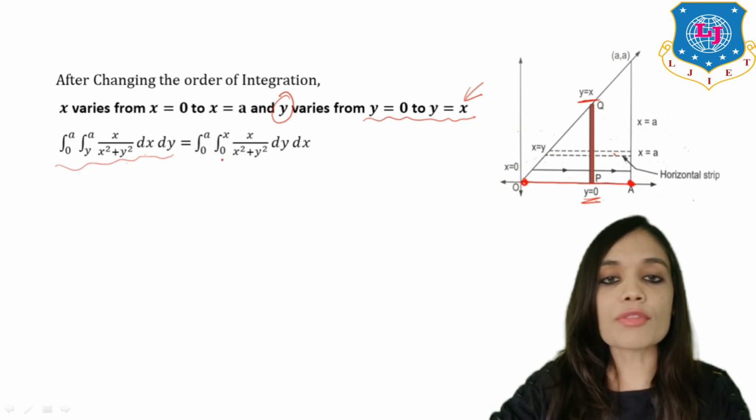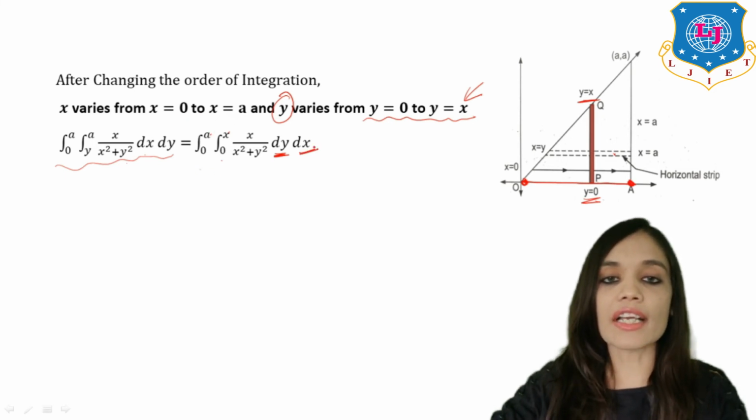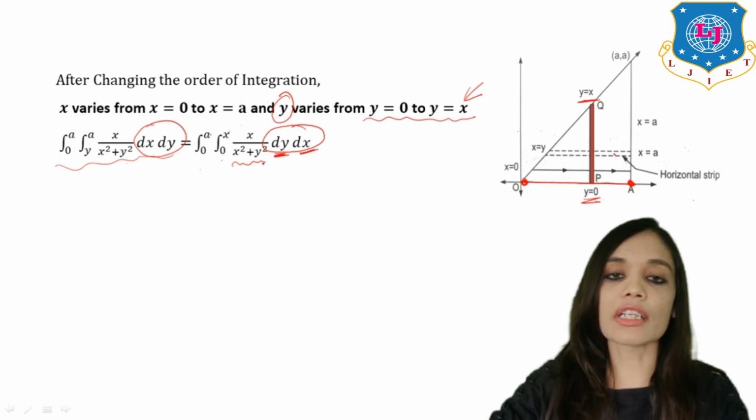So firstly let us put 0 to x dy, right? Next put the limits of x, they are 0 to a and dx. Put your function, that is x upon x square plus y square. Okay, so you can see from here we have changed the order of integration.